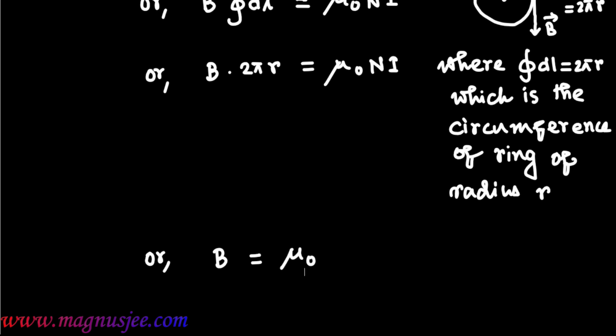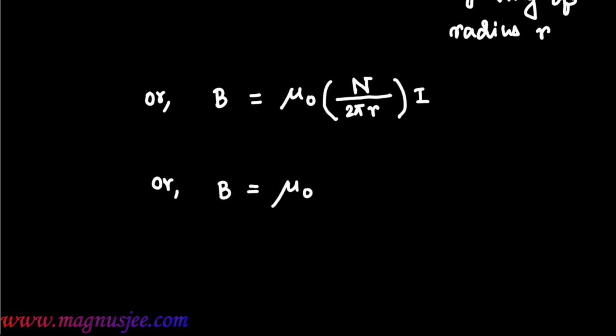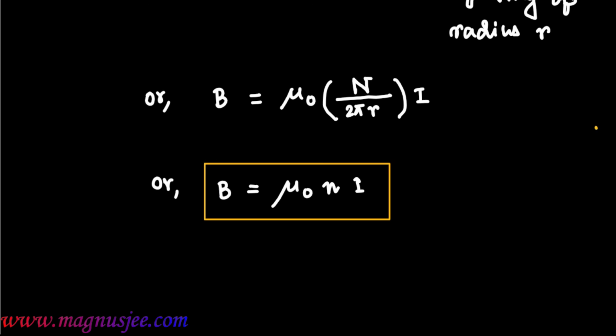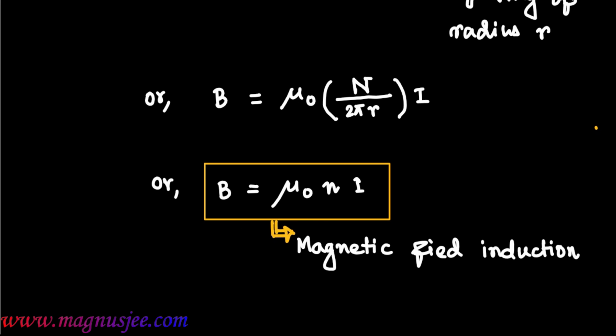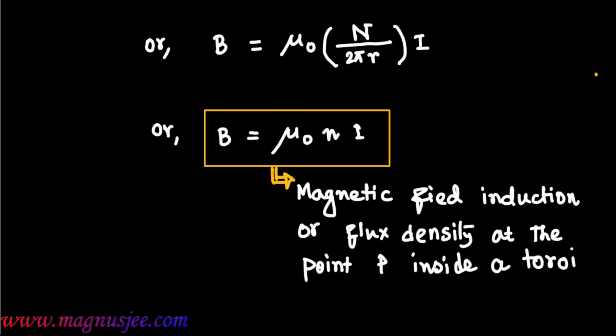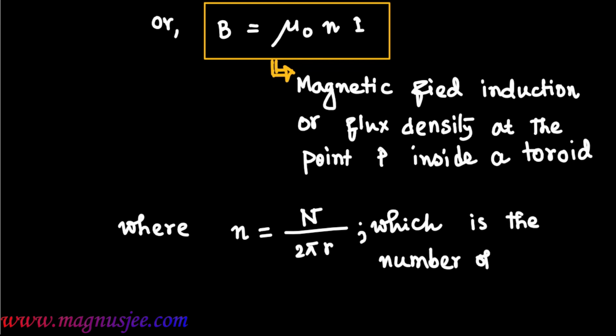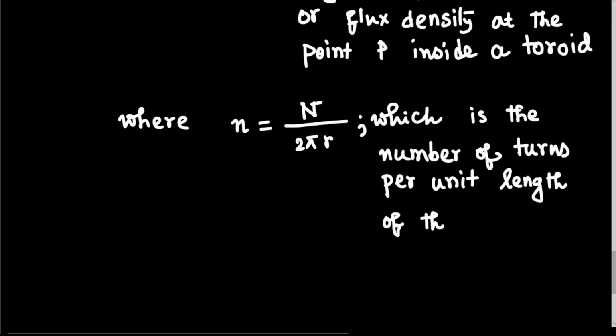So B equals mu 0 times N divided by 2 pi r, into I, or B equals mu 0 n I. This is the magnetic field induction or magnetic flux density at the point P inside a toroid, where small n is equal to the total number of turns N divided by 2 pi r, which is the number of turns per unit length of the toroid.